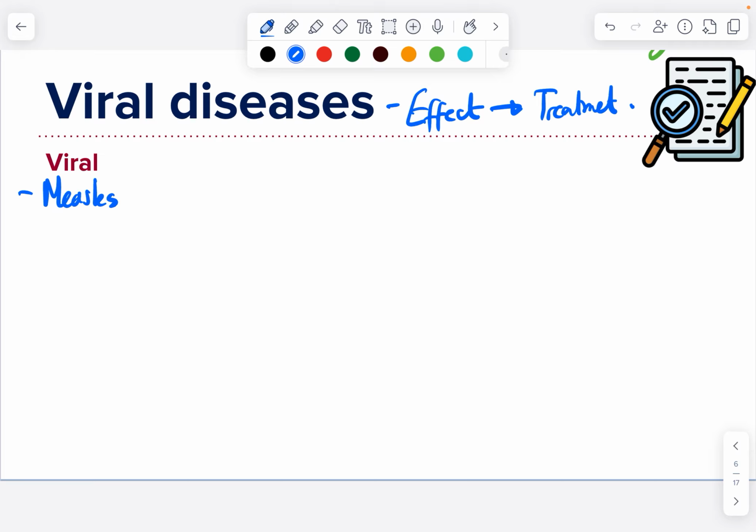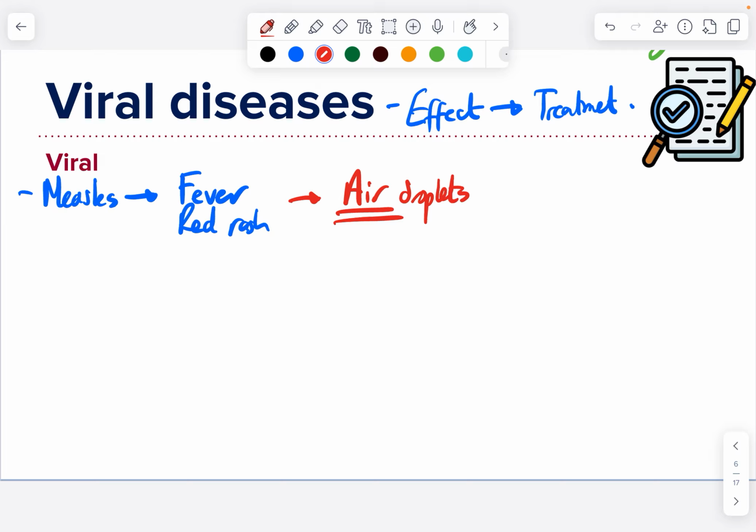Measles manifests itself as a fever, and a red rash. It is spread in the air, so kind of droplet infections. It can lead to a cough as well.